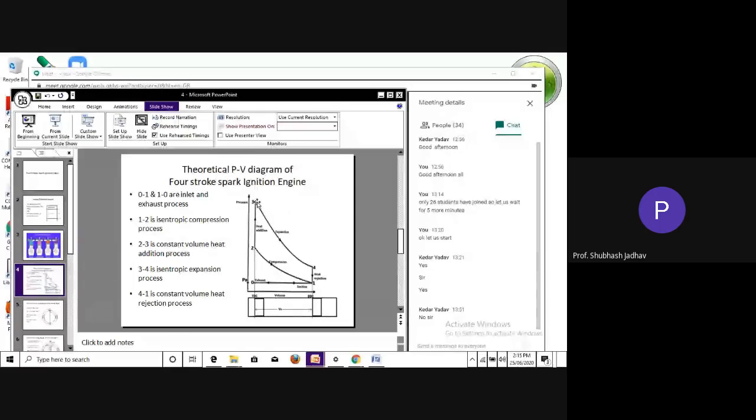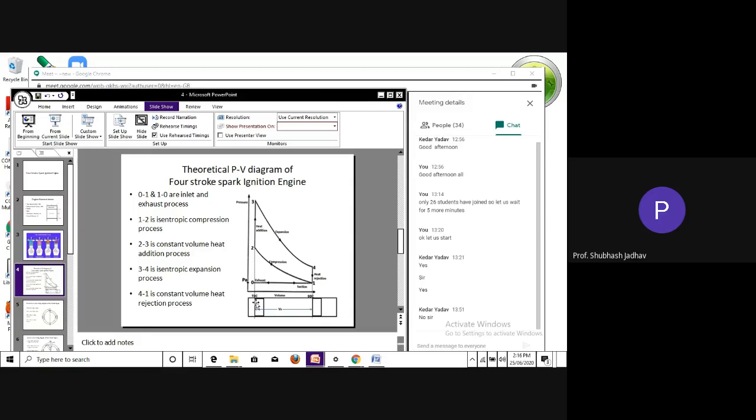Therefore the line starts moving down towards right. So this curve reaches over here when the piston reaches bottom dead center. So this process we call the expansion process. So during expansion, what is happening? The burned gases are applying the pressure on the piston and making the piston move from BDC to TDC.